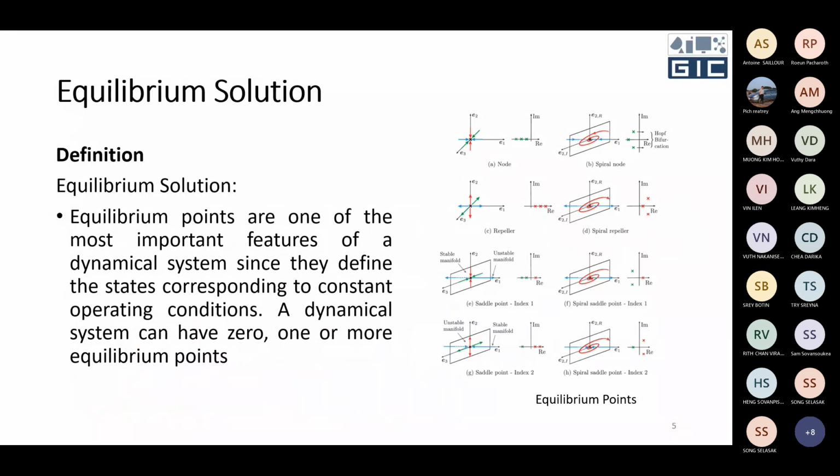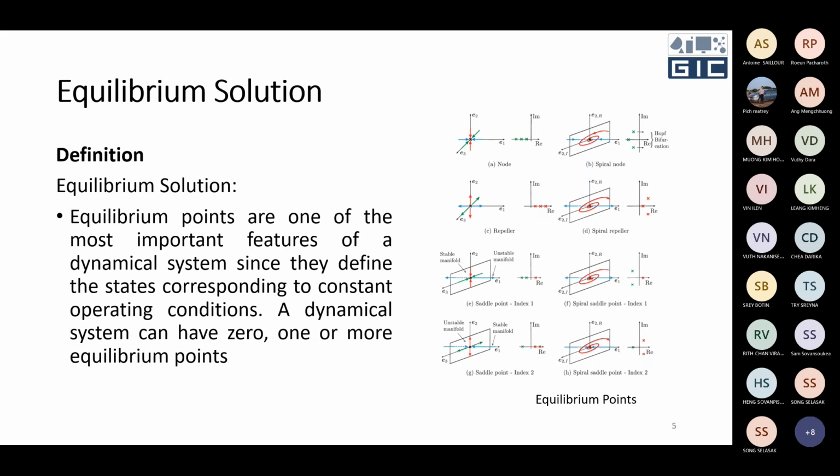It is okay. So how can we apply equilibrium solutions to any case, and what does it look like? As you see in this picture, an equilibrium point is a kind of equilibrium solution that gives us the most important feature of dynamic systems. We have to define what point in our solution makes our differential equation zero.